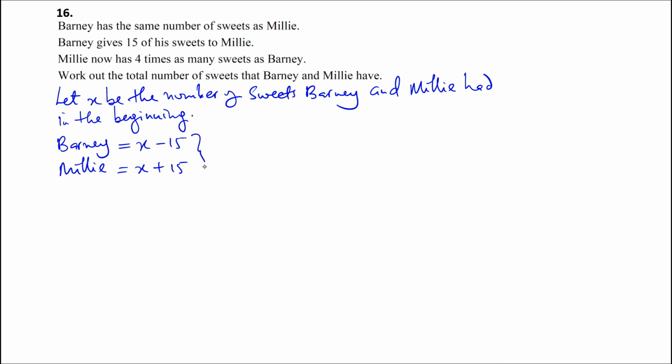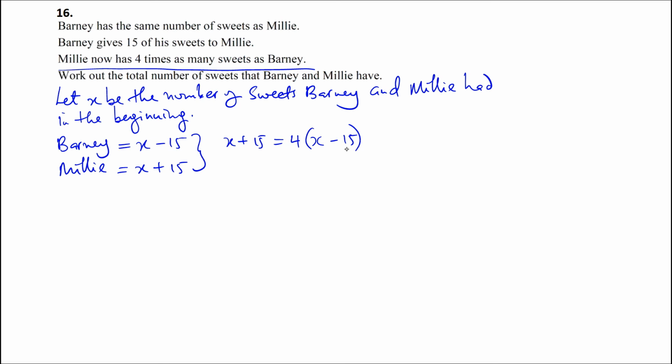And then there's another condition that's given here. Millie now has 4 times as many sweets as Barney. So basically, it means that Millie, who has x plus 15, has 4 times as many sweets as Barney, so that will be 4 times x minus 15.